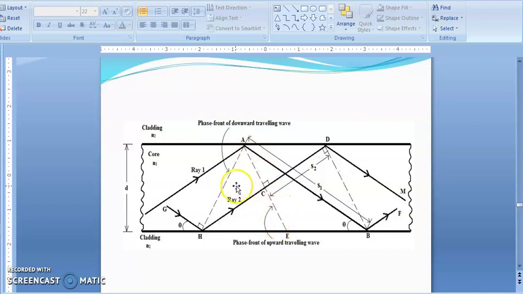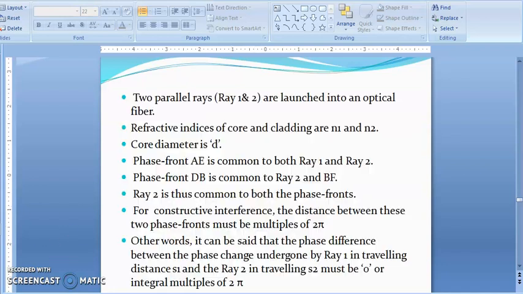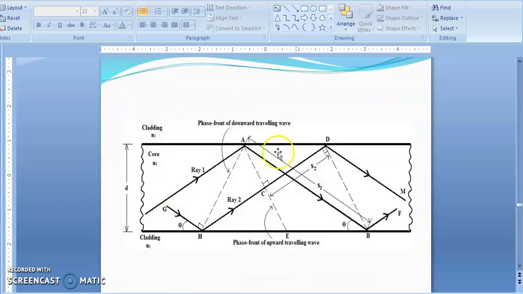This AE is common to both ray 1 and ray 2, and phase front DB is common to ray 2 and BF.